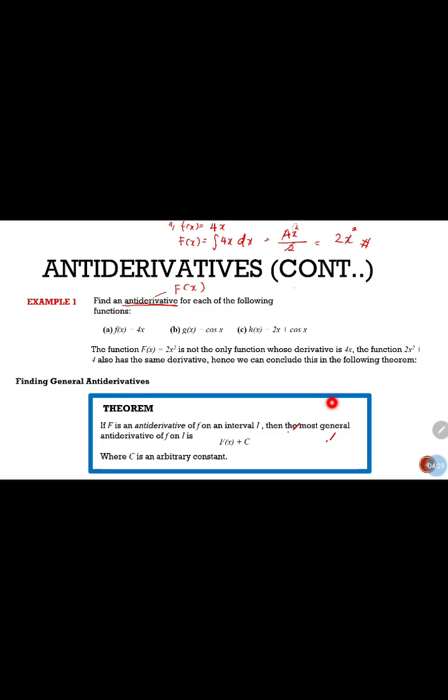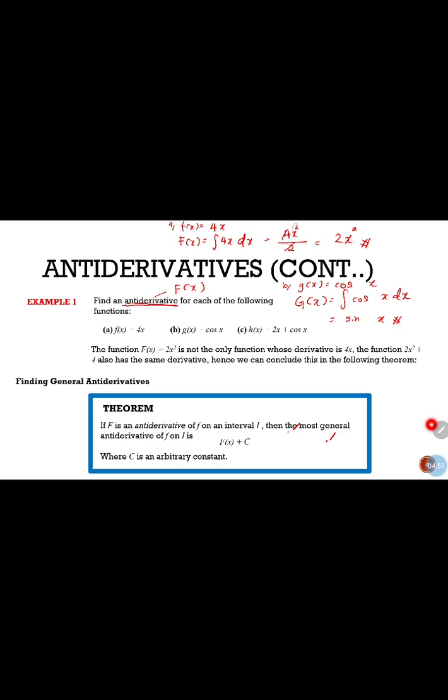Next we want to do b, which is g(x) equals cos x. We want to find capital G(x), so integrate cos x dx. Integrating cos, you will get sin x.